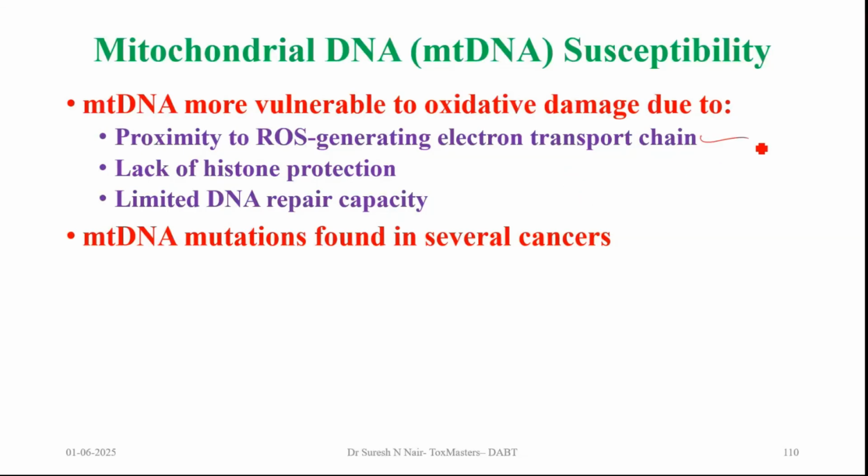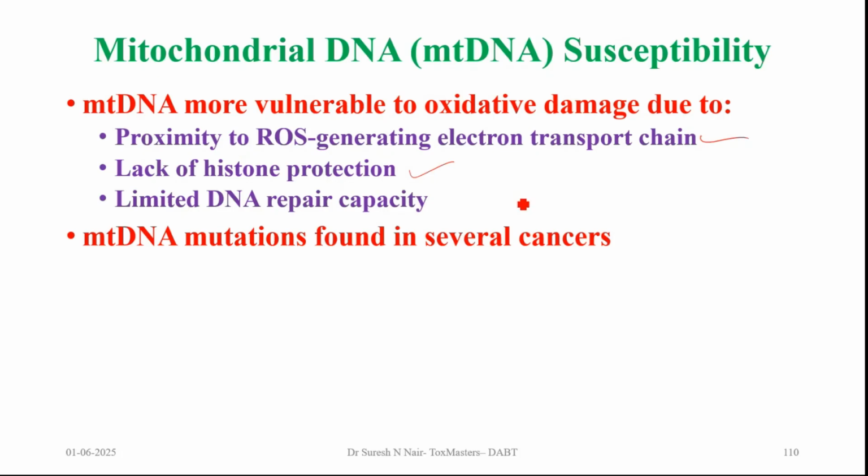The first one is proximity to the ROS generating system. The mitochondria itself generates the ROS. So unlike the nucleus, which is far away from the site where reactive oxygens are produced, mitochondrial DNA is very close to it. The second is the lack of histone protection.